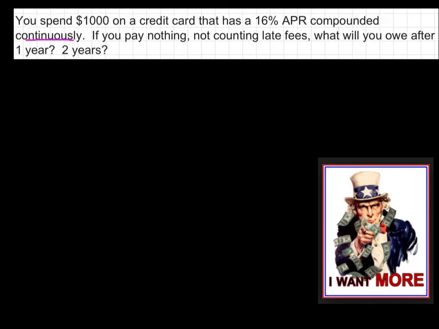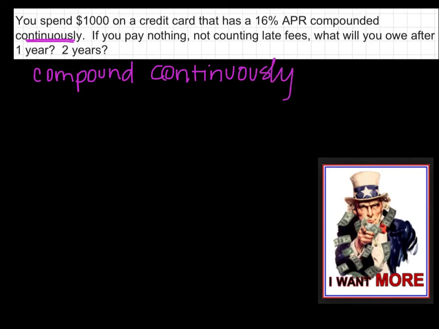So the key here is this word continuously. The compound continuously equation, again, please make sure you put this to memory, is A equals capital P e to the rt. We call it the PERT. This is compounding continuously.